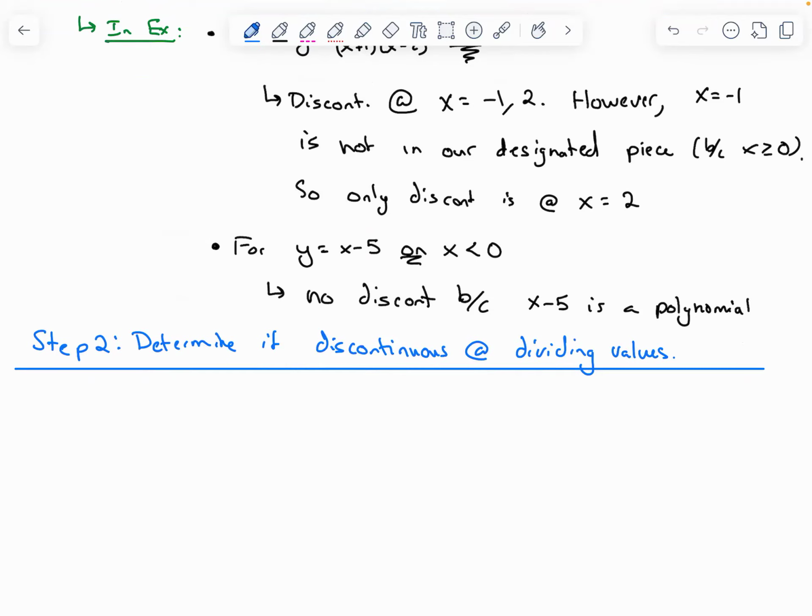We've now already checked all the main portions. The only thing that's left is looking at the isolated situations where you have dividing values, because as we've seen with piecewise functions, sometimes they jump, sometimes they connect. And so we need to know.